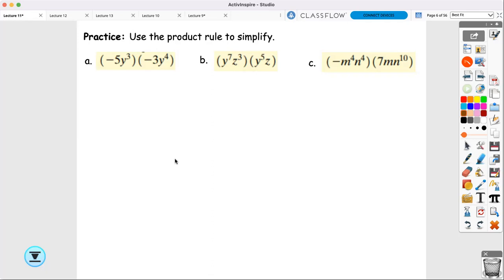Excellent. Y to the 12th power times Z to the 4th power. That is correct. Any questions on B so far, guys? Any questions? Good correction, Sarah. Glad you saw it. Anyone else?